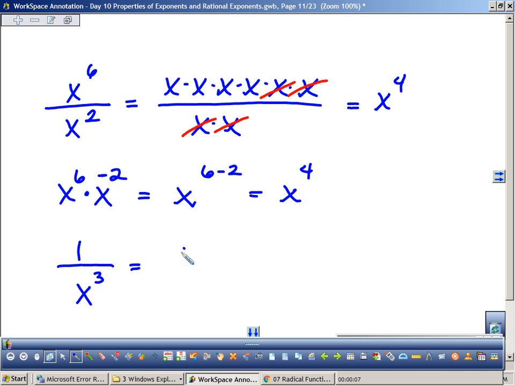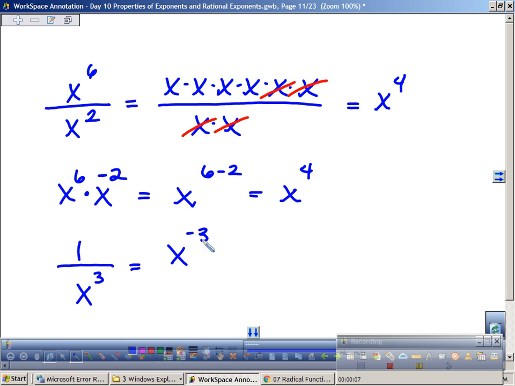Couldn't I rewrite it like this? Why not? Isn't that what I did here? When I put the x squared in the numerator, it became x to the negative 2.